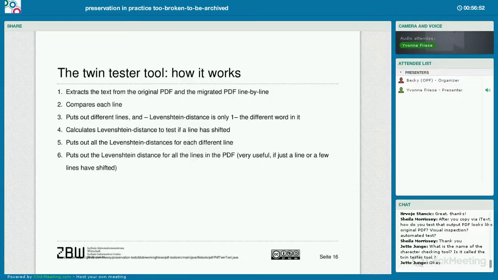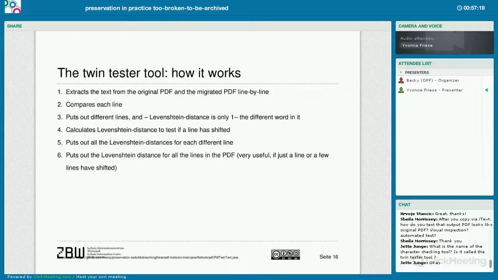So this is how it works. To calculate if just a line is shifted, it just looks how many lines are different. Or, to explain it in a more correct way, it puts out the Levenshtein distance for all the lines in the PDF.